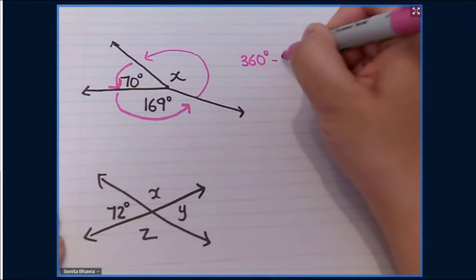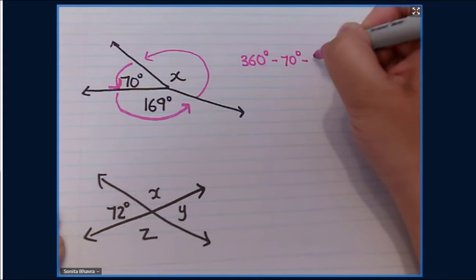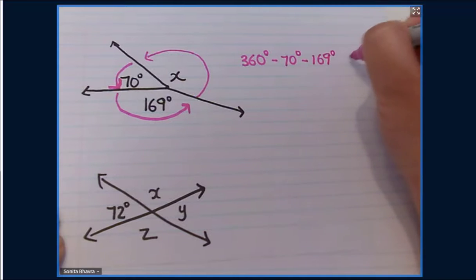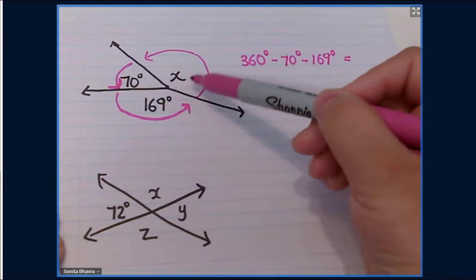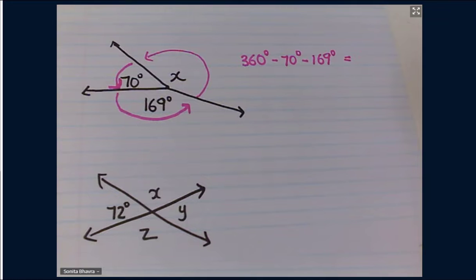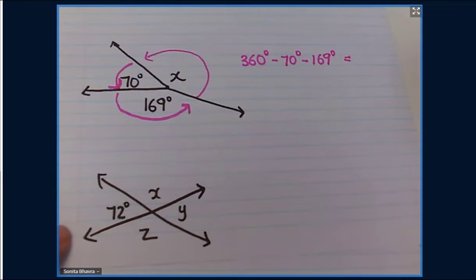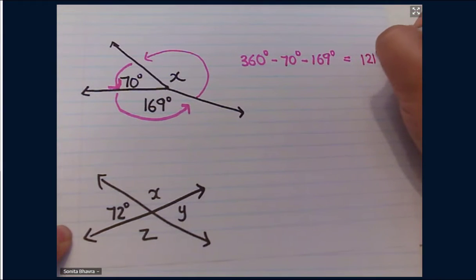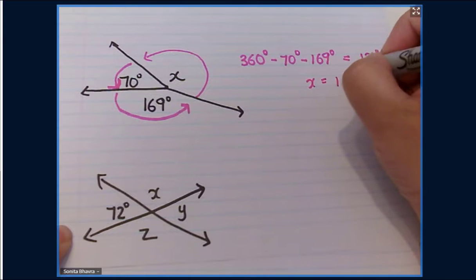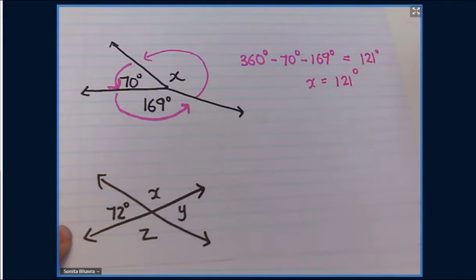We're going to subtract the 70 degrees. We're going to subtract the 169 degrees to give us the value for x. All right, so 360 minus 169 minus 70, and we get 121 degrees. All right, so x is equal to 121 degrees.